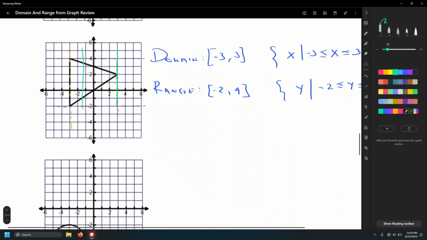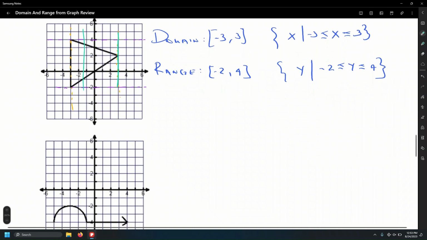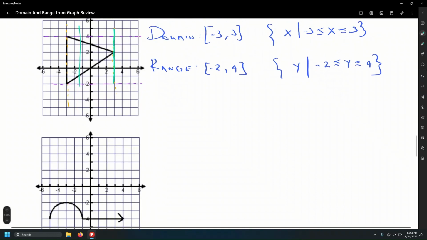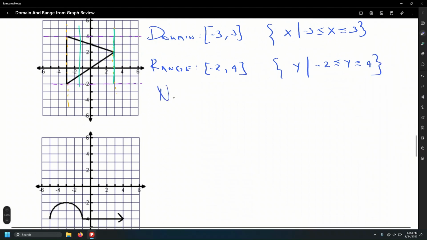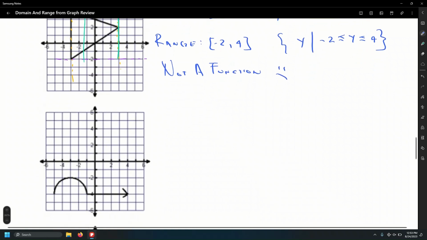However, we're considering the entire graph as a whole, and the minute that in at least one case the vertical line test fails, it's not going to be a function. So not a function here.